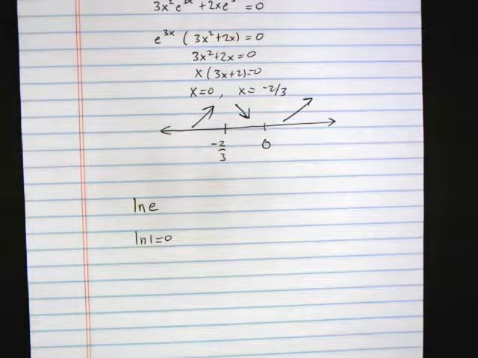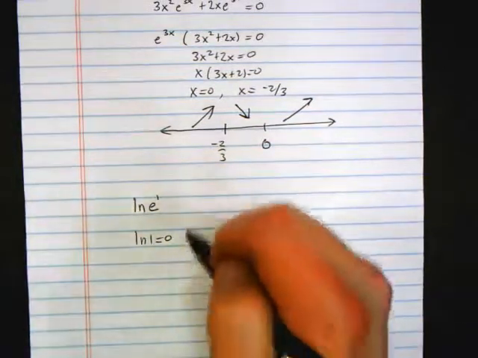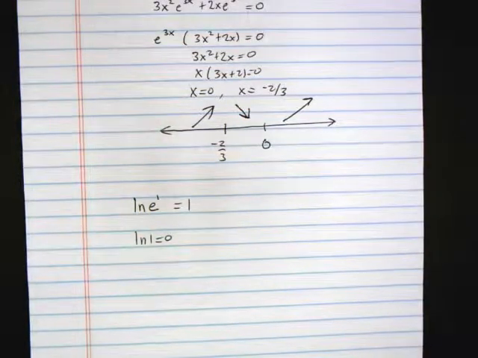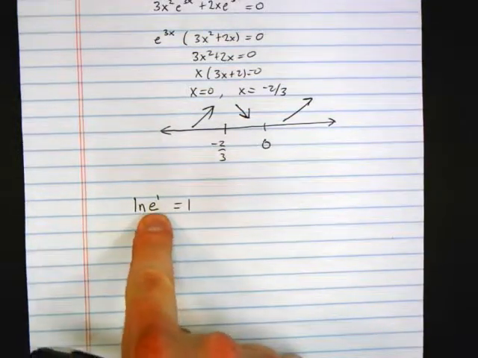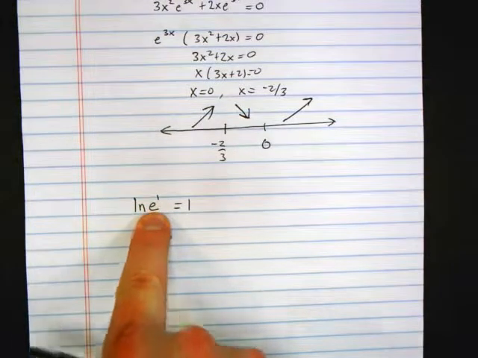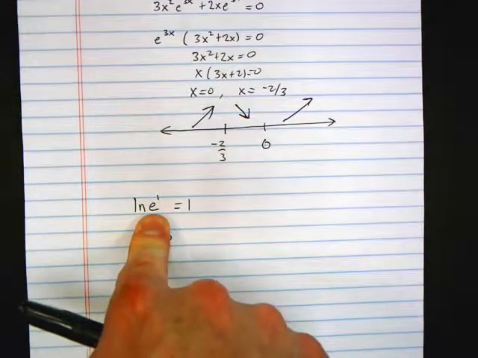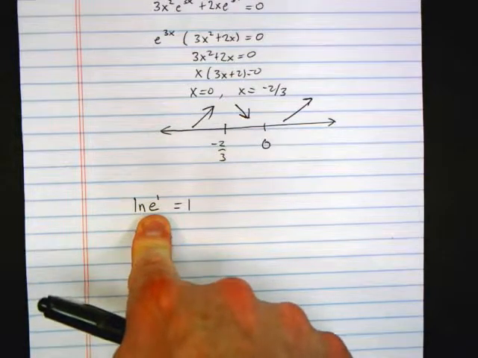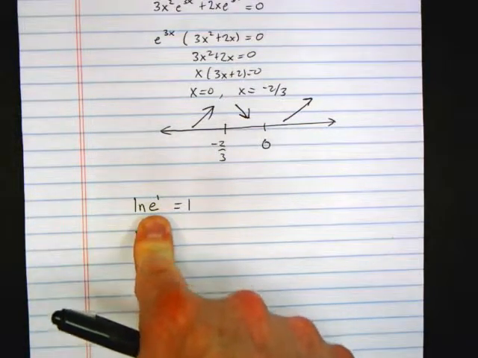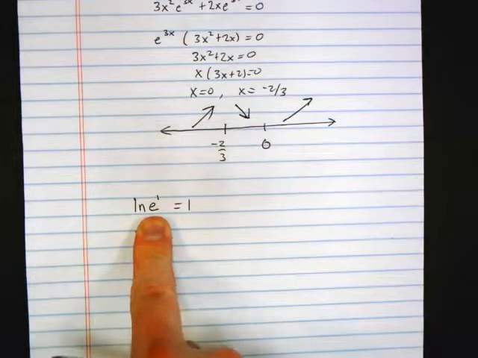Why? Because e to the 1, they're inverses. So e, the value of e comes from, it's the solution to that equation. And then it turns out that it's an irrational number. It's about 2.71 something, something, something. Okay? So that's where the value of e comes from.